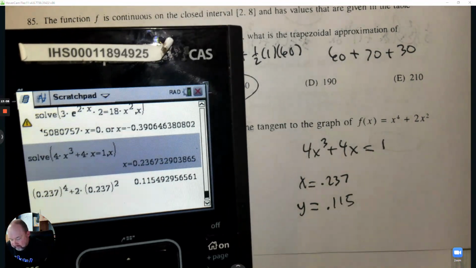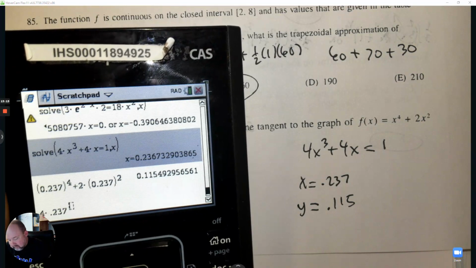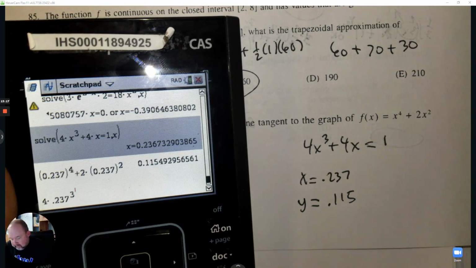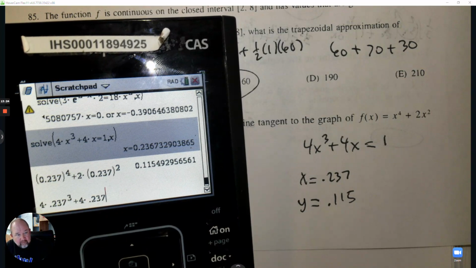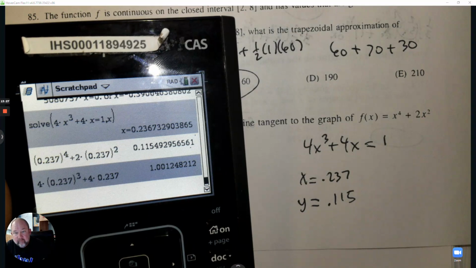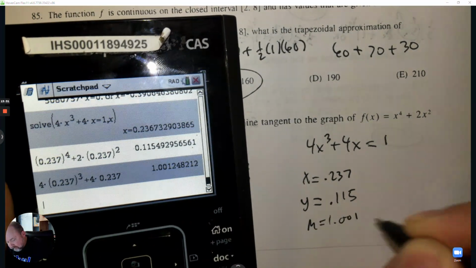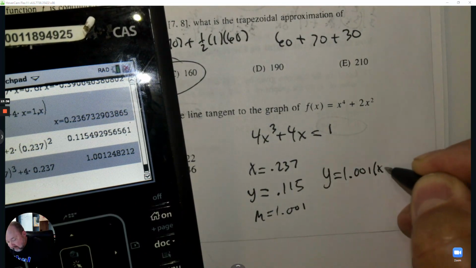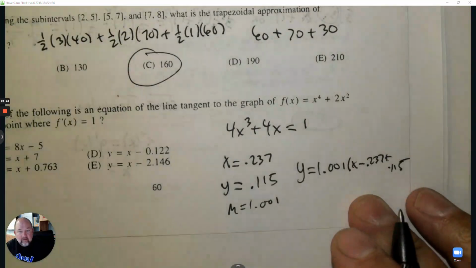So 4 times 0.237 to the exponent 3 plus 4 times 0.237 and I get 1 or 1.001. So if I put it together, I got 1.001 x minus 0.237 plus 0.115.